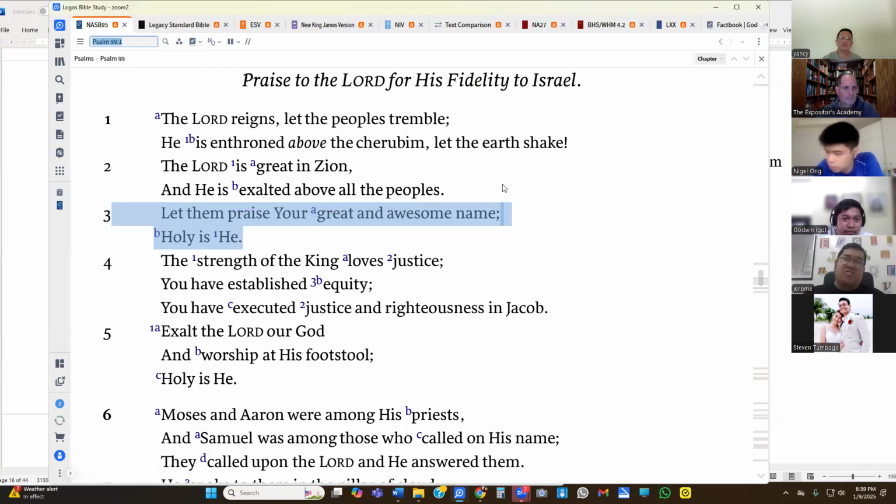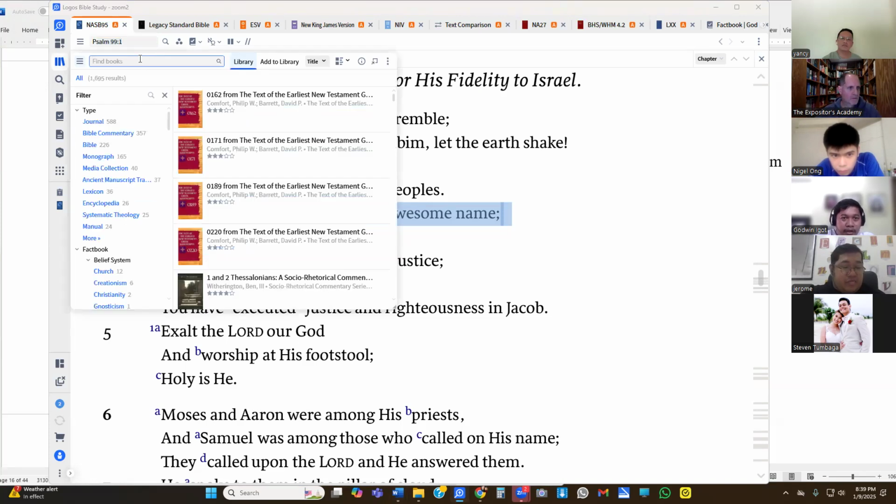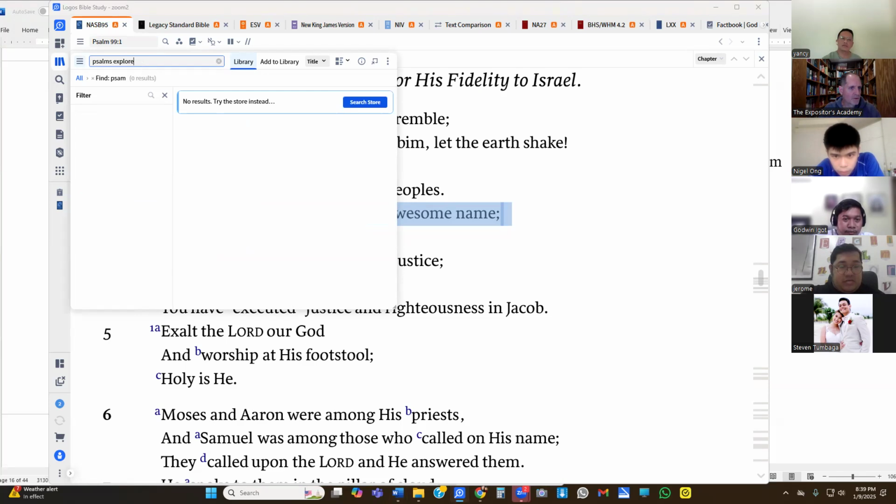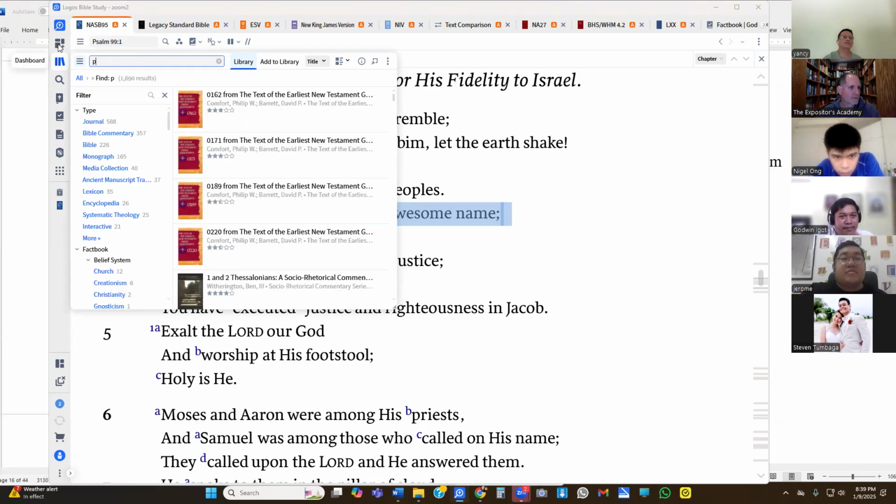Is it okay to use this? There's a Hebrew parallelism structure, and also the Psalms Explorer. Yeah, I'm not familiar with it. I'm not sure if it's okay to study this.